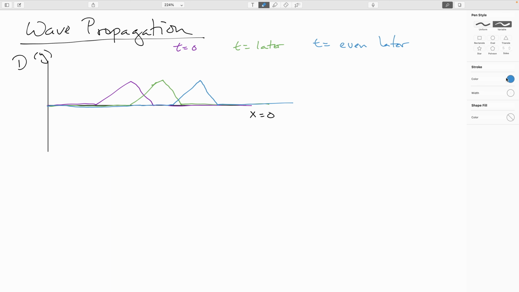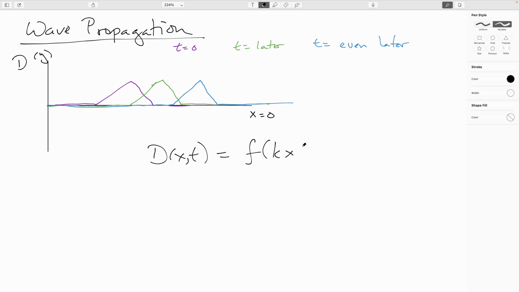All right. So in general, if I wanted to write a function that would describe a wave, pretty much any function will do. So I'll just say that d, where d is the displacement of my medium, is a function of both the position in the medium and the time that I'm looking at it, is just some function f, pretty much any function we like.